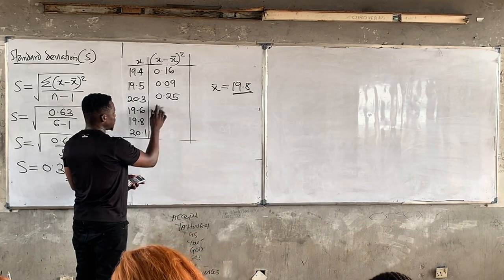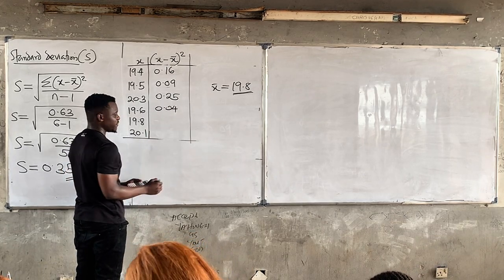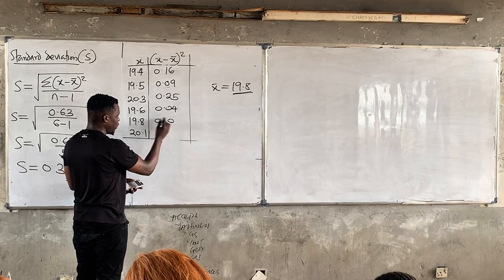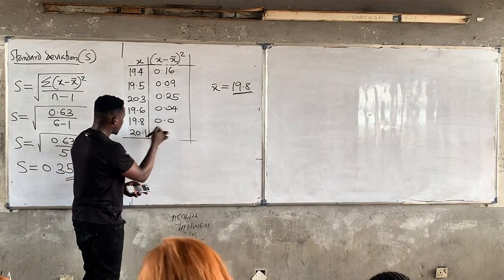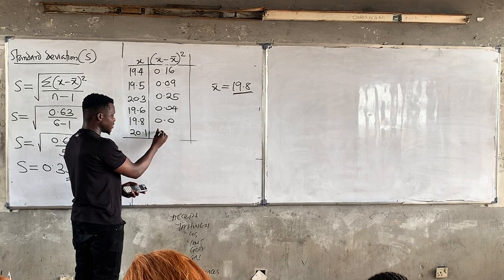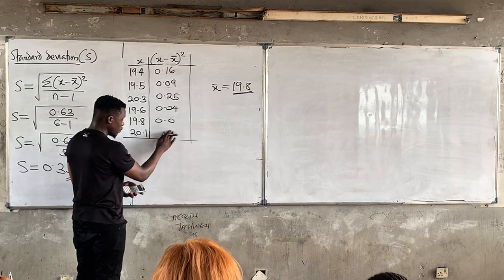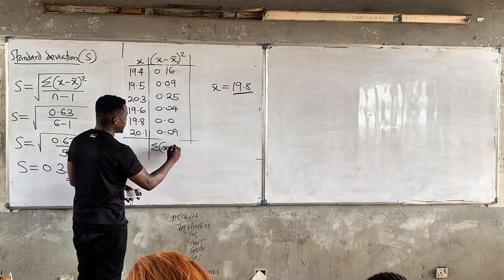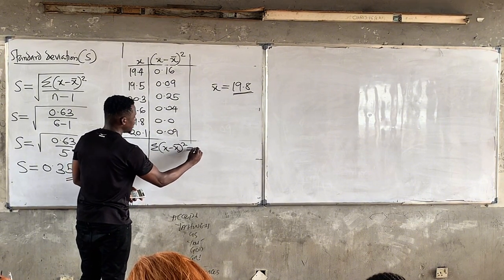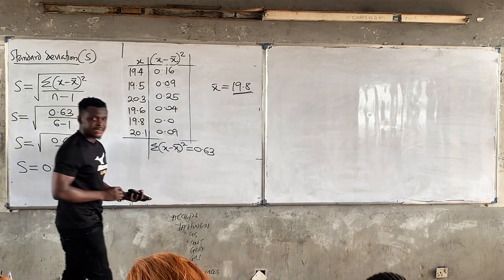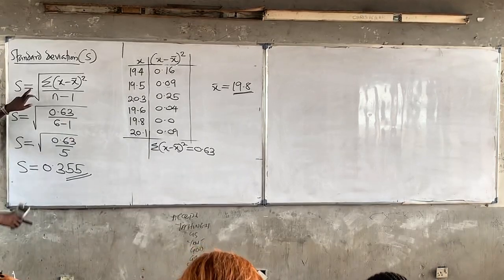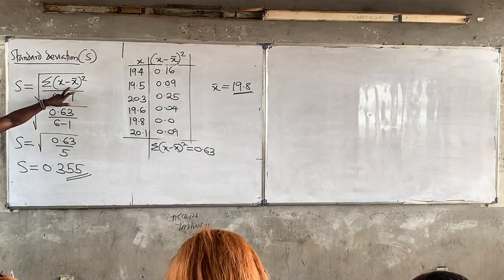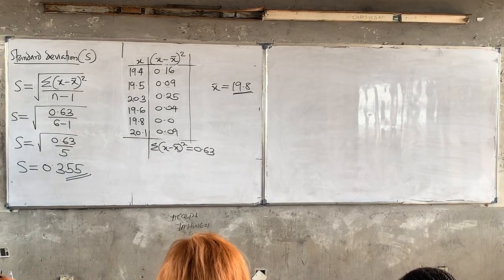You square this, it becomes 0.04. This is supposed to be 0.0. When you square it, you see the same thing. 20.1 minus 19.8 is 0.3. When you square this, it becomes 0.09. Now if you do summation of x minus x bar squared, it's going to give us 0.63. So you come back here and put your 0.63, and then you get your answer.